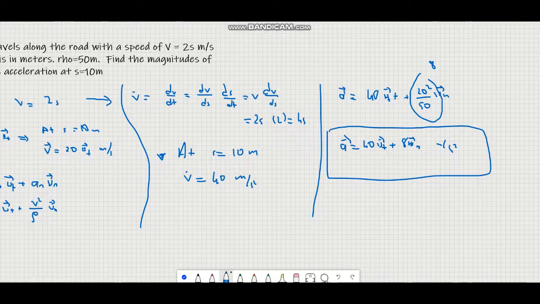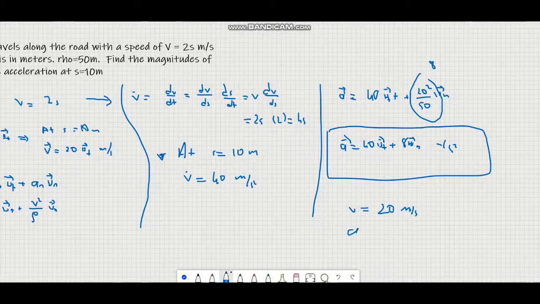If you want to find the velocity magnitude at s equal to 10, it's going to be only 20, because the velocity only has a tangential direction. So if you take the square and then the root, it's going to be the same thing, 20 meter per second.